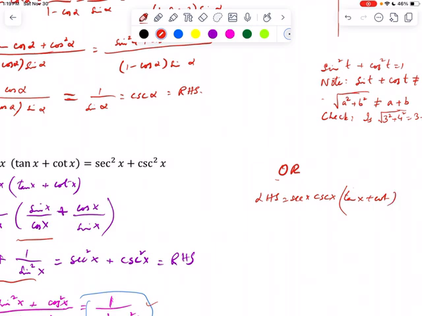So this is our left hand side. So what you can do is convert everything into sine and cosine as before.